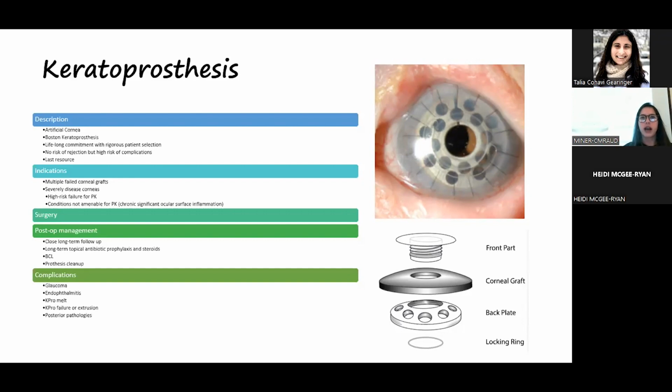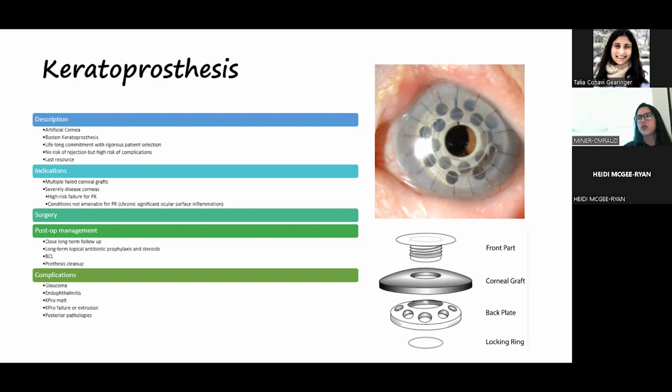Indications: patients that have had multiple transplants that have failed, or very severely diseased eyes or corneas, where you know that if you place a PK, it's not going to work and it's going to fail very quickly. Those are usually the patients that we consider for a keratoprosthesis, or K-Pro as well.